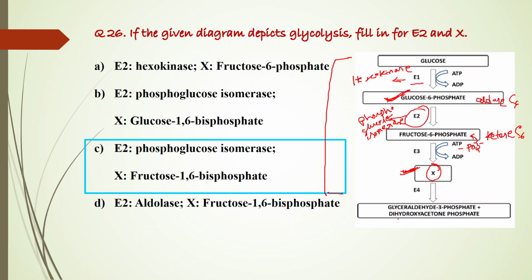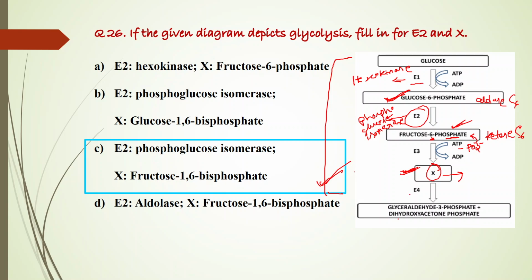That phosphate group should attach where? To this fructose 6-phosphate, and what would it result in? Now instead of one phosphate group, we will have two phosphate groups. So that will result in the formation of fructose 1,6-bisphosphate. In the 6th position, we already had one phosphate, with another addition at the first position.